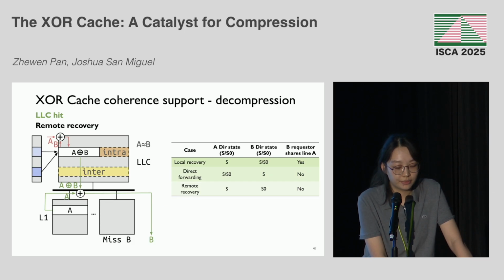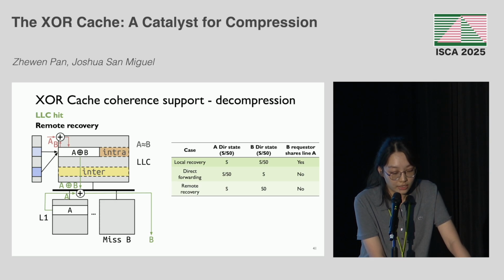In the last case, remote recovery, line B has no shared copy in the private cache, therefore in S0 state. And also B's requester does not share a copy of A locally.